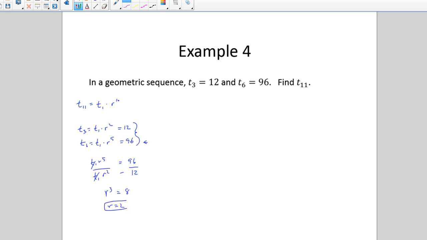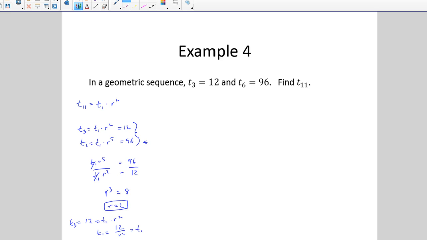So we've used it to get one piece of information, then we come back and solve for t1. I'm using the equation for t3 here. t3 equals 12, which equals t1 times r squared. And so t1 is going to be 12 divided by r squared, which is 12 divided by 4.